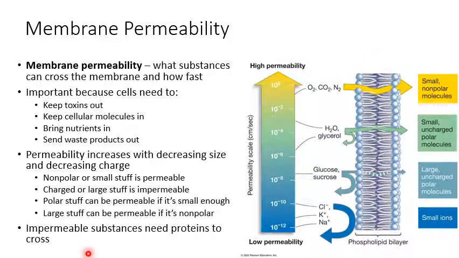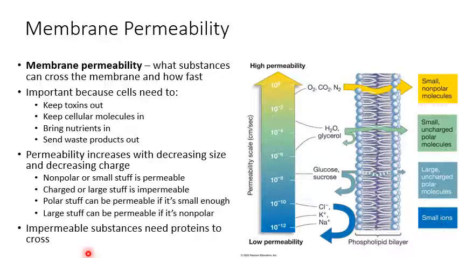So anything that is nonpolar and small will be permeable, which means it's easily able to cross that membrane. Anything that is large or charged is impermeable, which means that it cannot cross the membrane, or maybe it can a tiny bit, very slowly. And then you have the stuff that's in the middle.